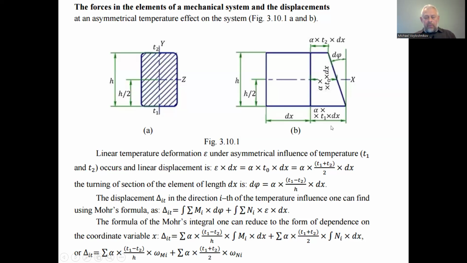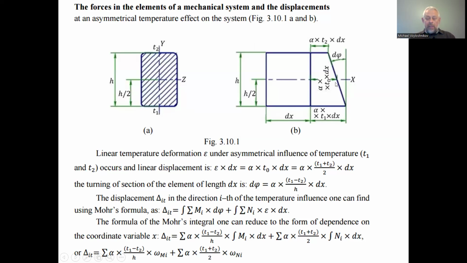And for the lower fibers heated to temperature T1, accordingly the expansion is the product of alpha by T1 by the length of the increment dx.